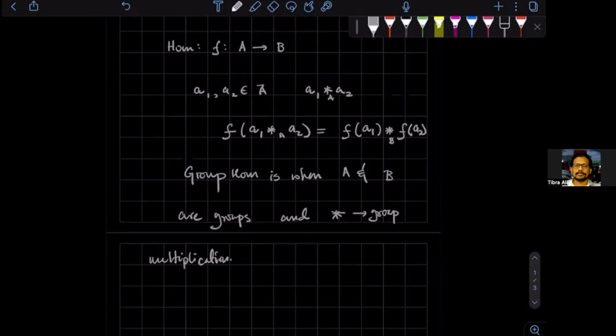No, it doesn't have to be, because it doesn't have to be closed. Oh, okay. It's a very good question. Because B is a group, you're saying B is a group, so shouldn't the image be automatically a group? That's your question, right?